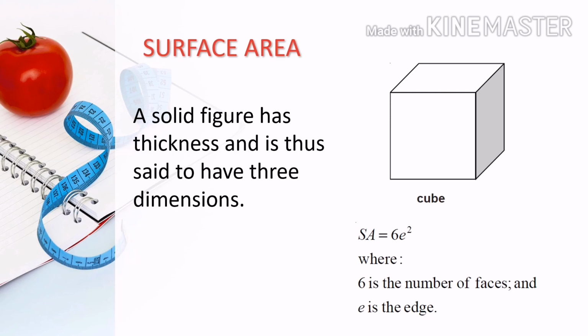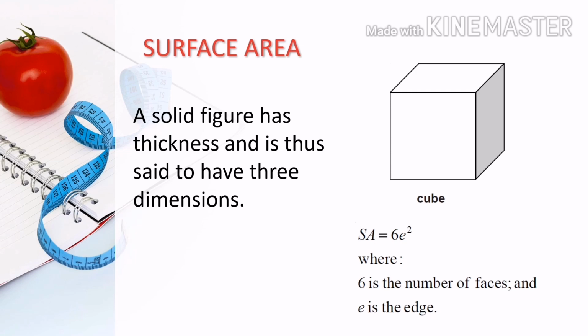Okay? Dito sa cube, ilang mukha ang meron? No? So, meron tayong isa sa harap, sa ibabaw, sa likod, sa dalawang gilid, tsaka sa ilalim. So, we have a total of 6 faces. So, to get the surface area of a cube, kailangan natin yung area ng 6 na mukha.